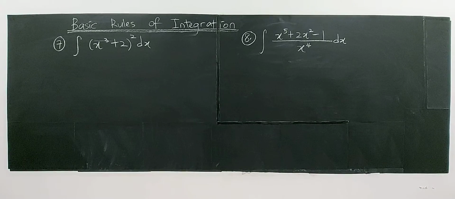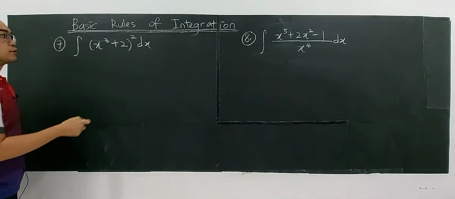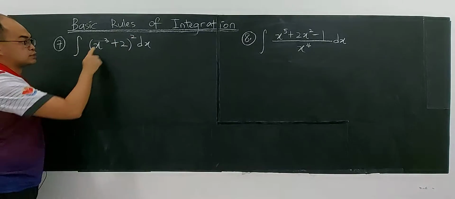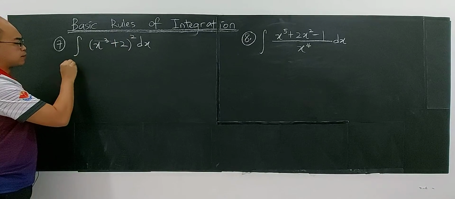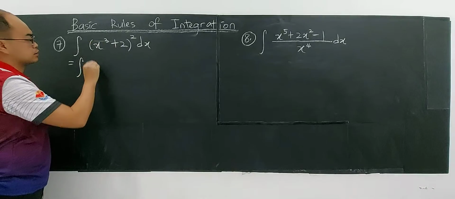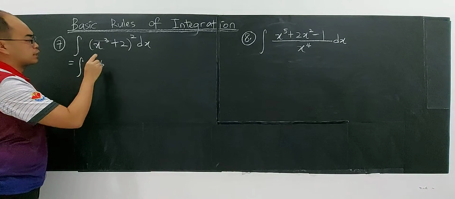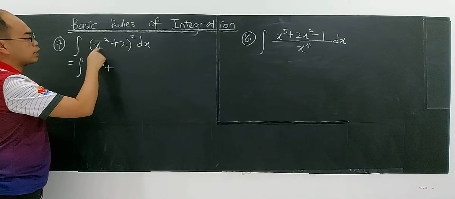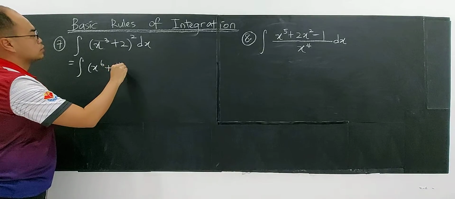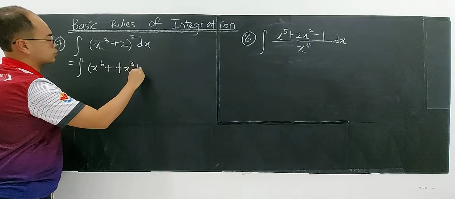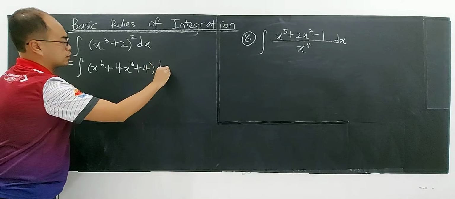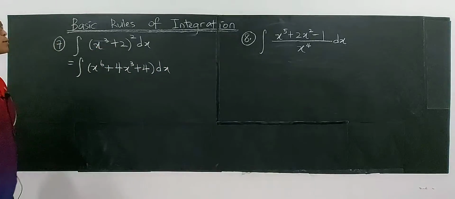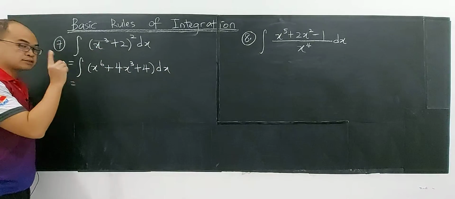All right, next two examples. So, okay, that's just a way to tell you how to integrate this. There is a power of 2 here, right? And this is non-linear. So you have to expand first. You have to expand this. It will become x to the power of 6, right? a squared plus 2ab. So 2, 4x cubed plus 4, right? After you expand this, you are getting this. So then only you can start to integrate.